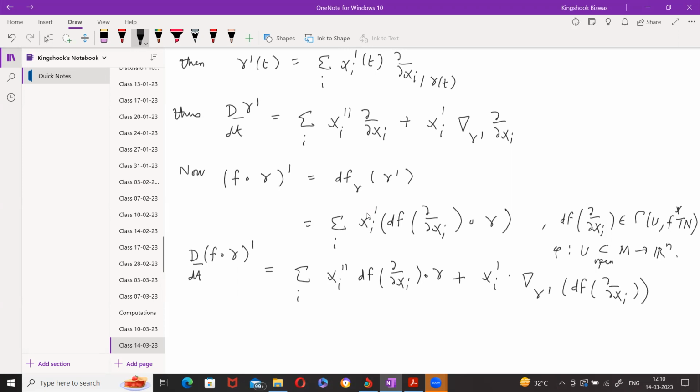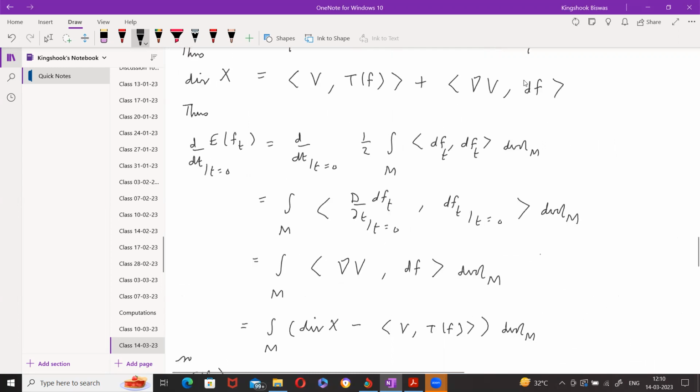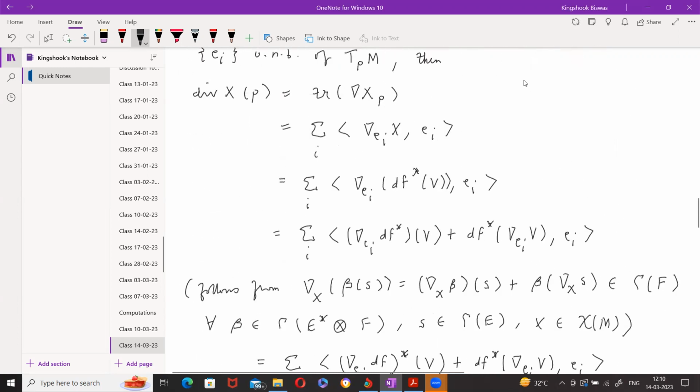Okay. Now I can use the property that we proved earlier, for a section of a bundle of the form E star tensor F. Where was that property? Here, this property: nabla X of beta of S is nabla X beta applied to S plus beta of nabla X S. This is true for all vector fields X at all points.